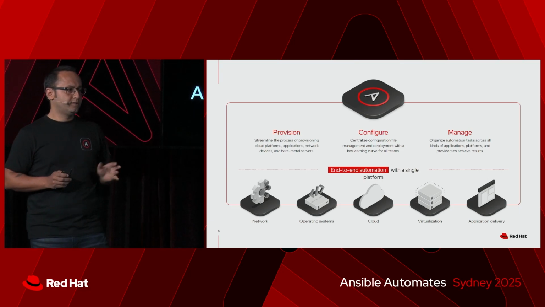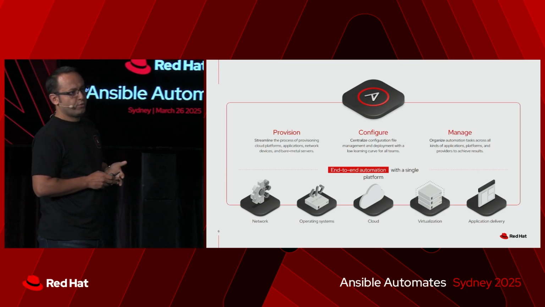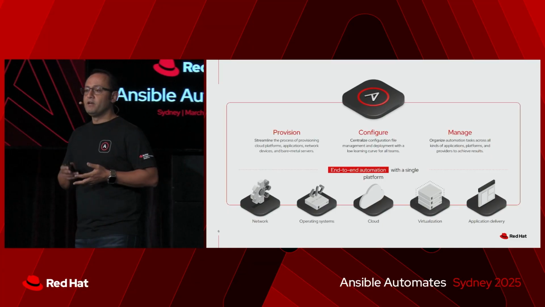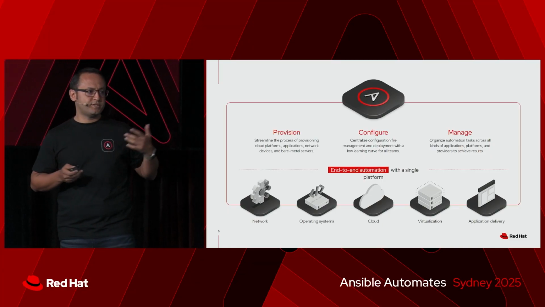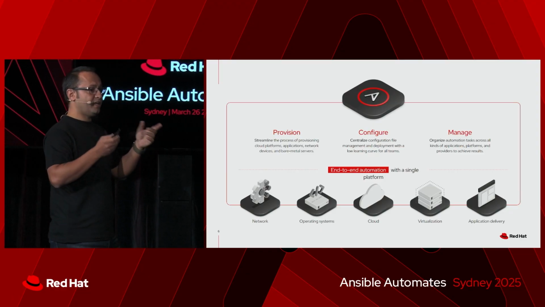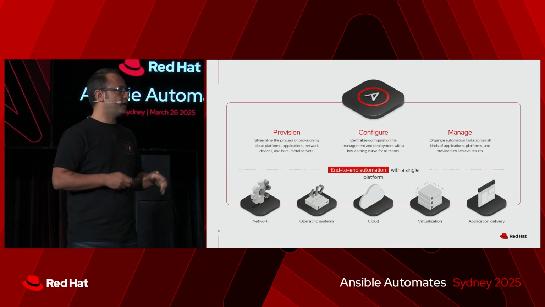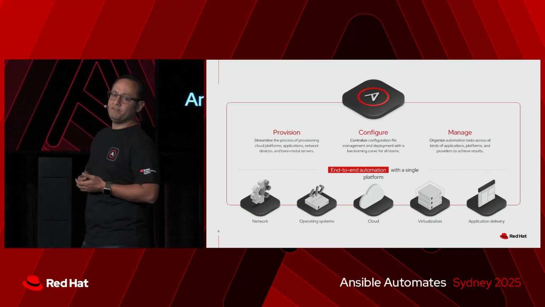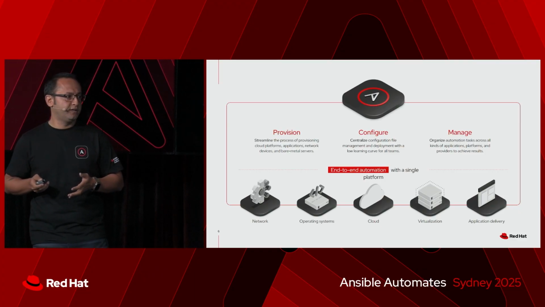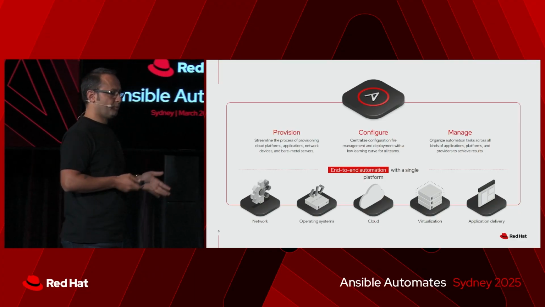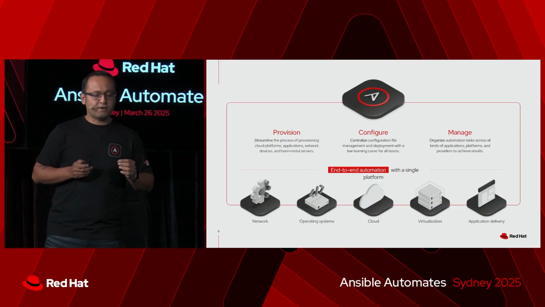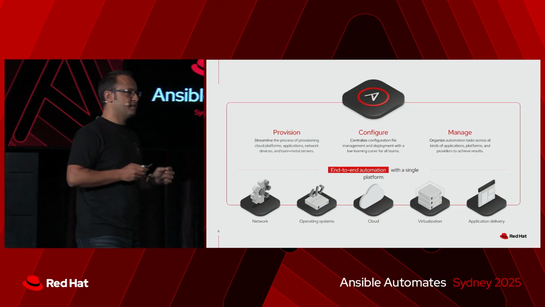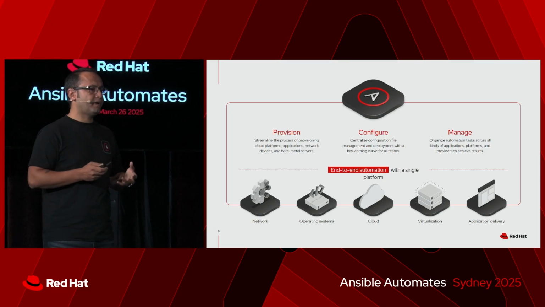Whether it's a network device, a router, a switch, whether it's a virtual machine running on-prem or on public cloud, whether it's running an operating system, RHEL or Windows, and even if you're managing the underlying infrastructure like OpenShift virtualization, or any other hypervisor, or even self-serving application delivery as a pipeline for development and deployment, there are three key pillars, or key activities, that need to be maintained by different teams.